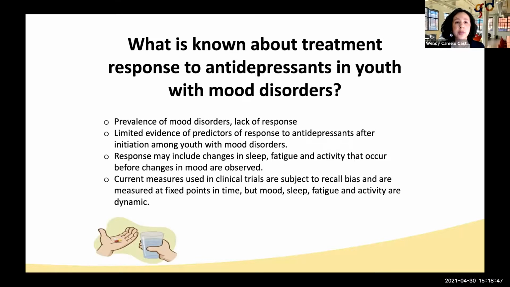And this has very important public health consequences because adolescents who do not go into remission are more likely to have mental health burden throughout their lifetime. So we really want to be able to provide the best care possible, the earliest possible in their disease journey.